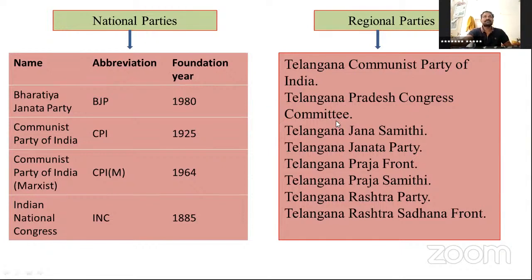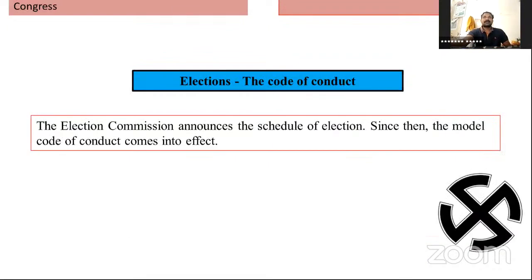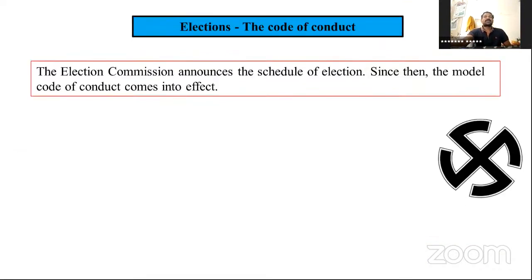Presently, it is available. Telangana Jana Samiti, Telangana Janata Party, Telangana Praja Front, Telangana Praja Samiti, Telangana Rashtra Party, Telangana Rashtra Sadhana Front. These were the main regional parties in Telangana earlier. Okay, students, did you understand what a regional party is and what a national party is? Okay, next.